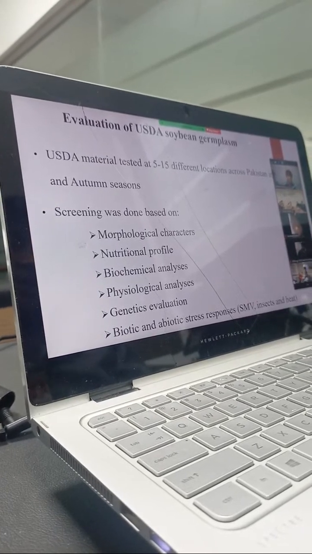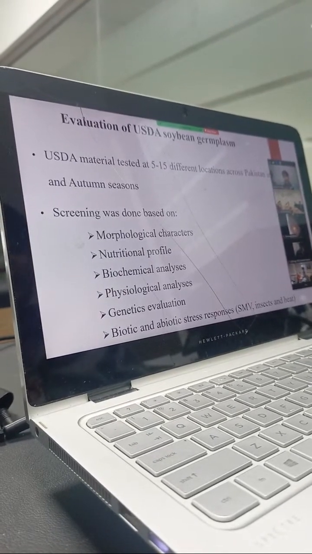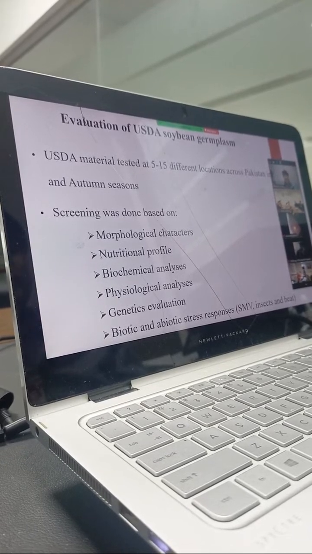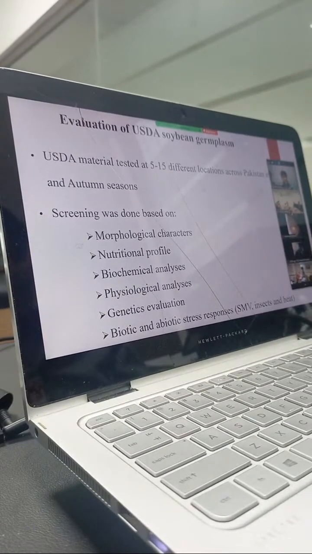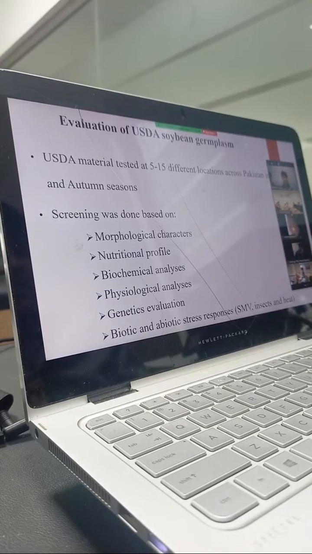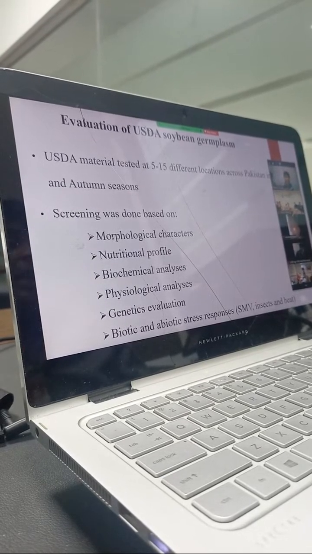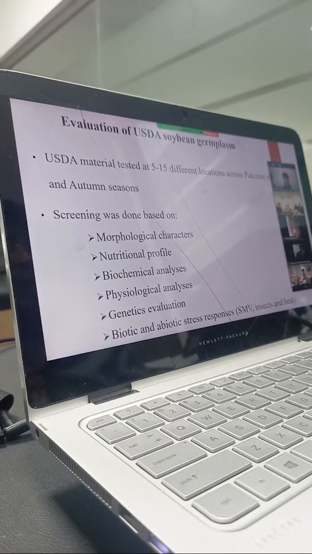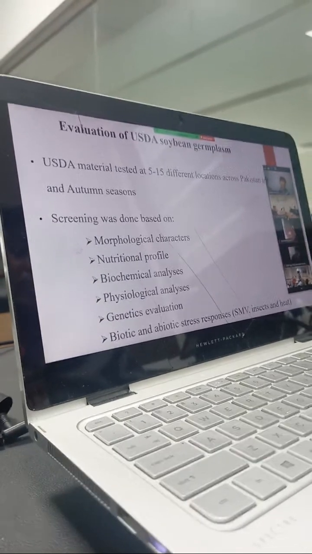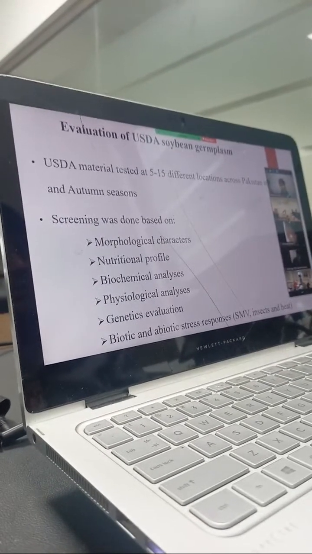And during these screenings, we did morphological characterization, nutritional profiling, biochemical analysis, physiological analysis, genetic evaluations, and also determined the biotic and abiotic stress response of all these lines.